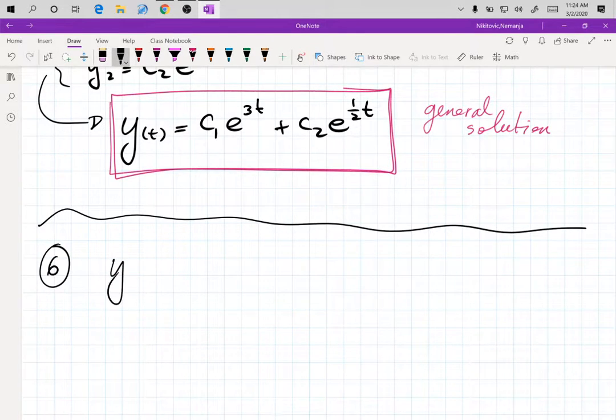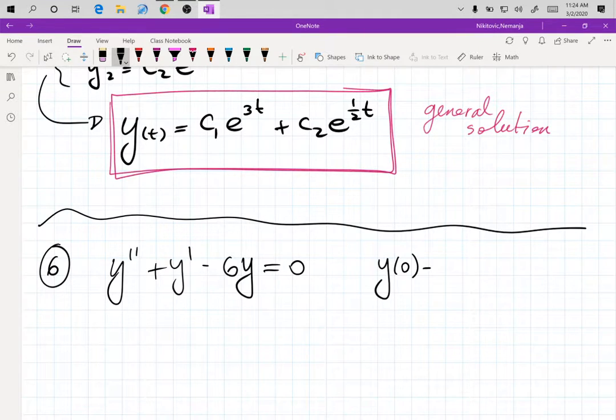It says y double prime plus y prime minus 6y equals 0, and we have y of 0 equals 7 and y prime of 0 equals negative 1.